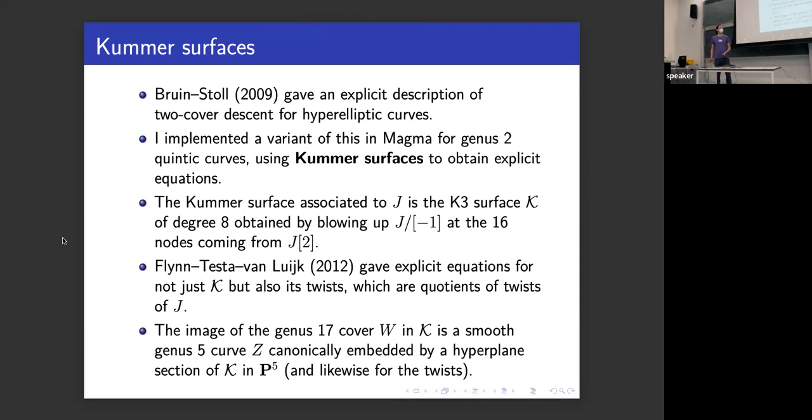And now if you take this genus 17 cover of the original curve in the Jacobian, and you map that down to the Kummer surface, well, if you just count things using Riemann-Hurwitz, you see this is in fact a smooth genus 5 curve. And I can show this is canonically embedded by a hyperplane section that you can just write down of this Kummer surface in P^5. So you have these genus 5 curves that are occurring as hyperplane sections of a Kummer surface or a twisted Kummer surface.